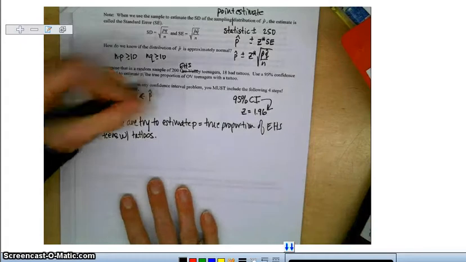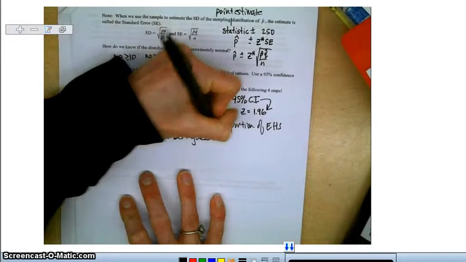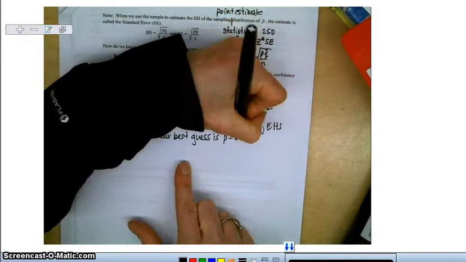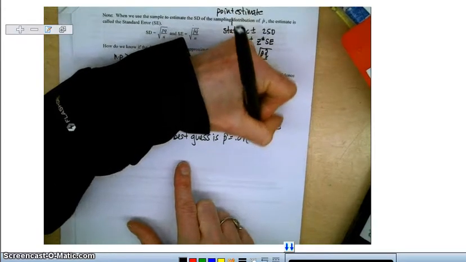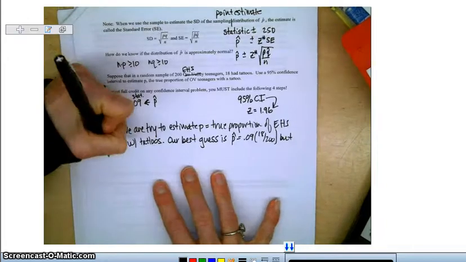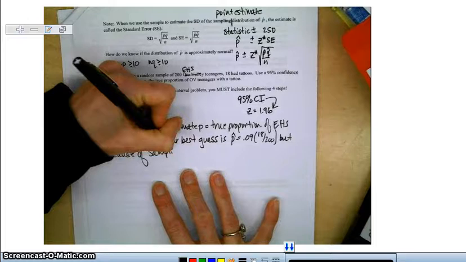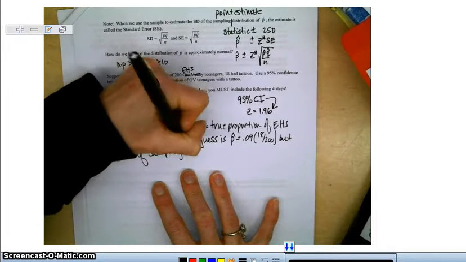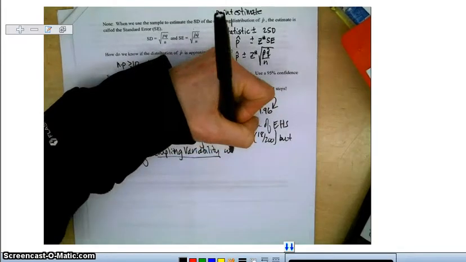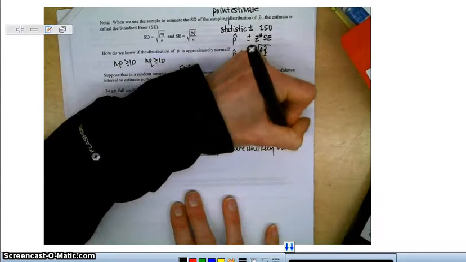Then we say our best guess is p hat, whatever we got for our sample, right up here, is 0.09, or 18 out of 200. Okay, that's our best guess. But because of sampling variability, we are unlikely to be correct.